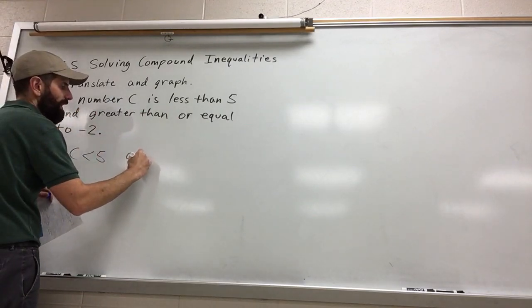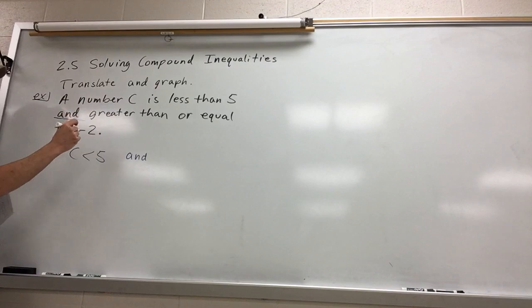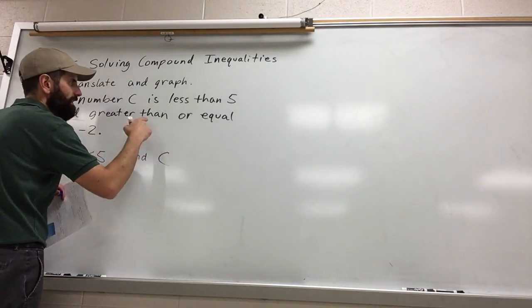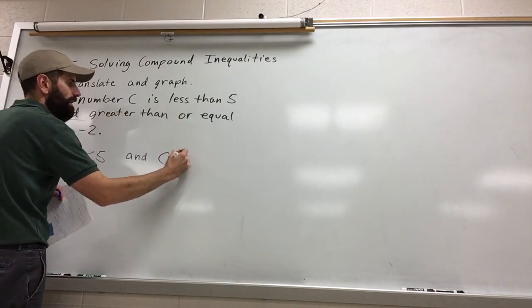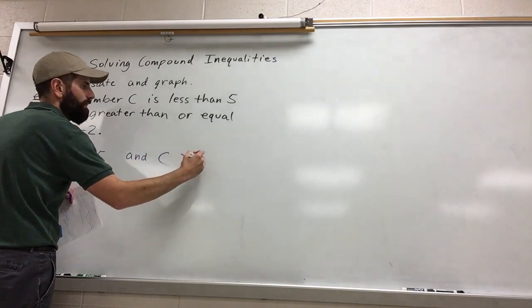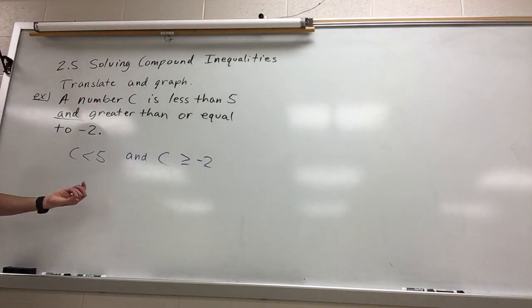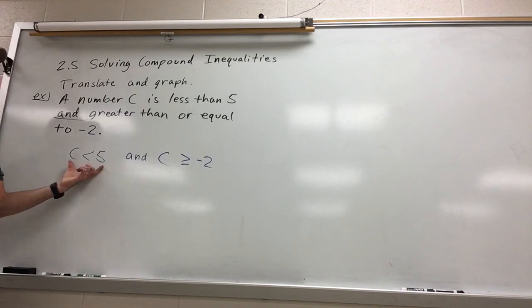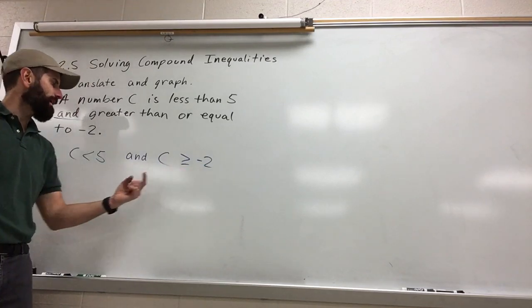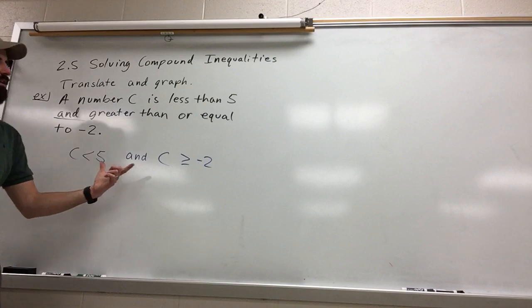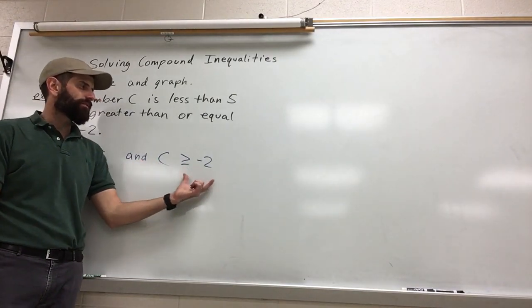So I'm going to write out an and right there and say that C is greater than or equal to -2. And this is a compound inequality. C is two things at the same time. Less than 5, greater than or equal to -2.